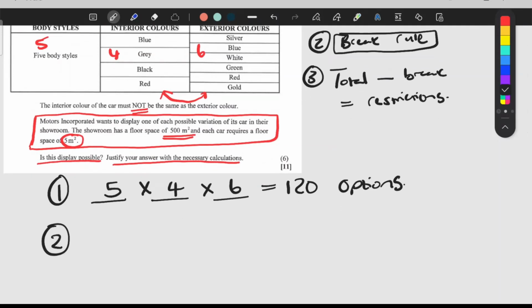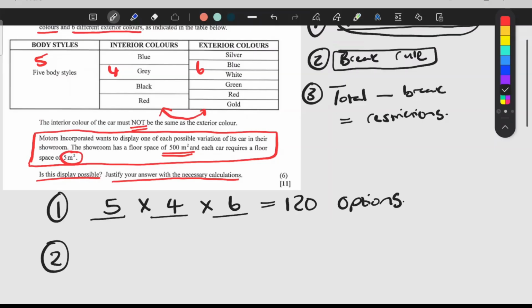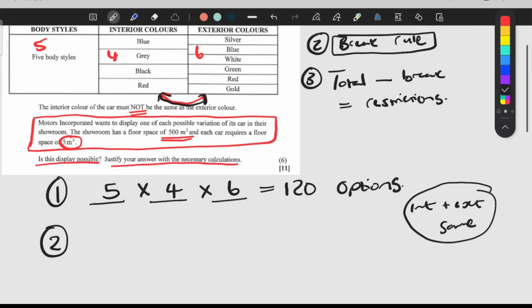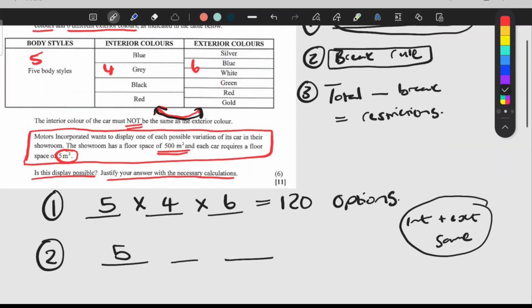Number 2, let's see how many of these cars will break the rule. The rule says the exterior and the interior can't be the same, so I'm going to do the opposite and break that rule. For the interior and the exterior to be the same, the body style doesn't matter.